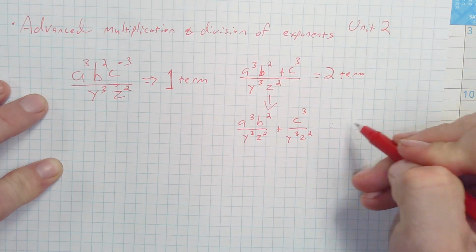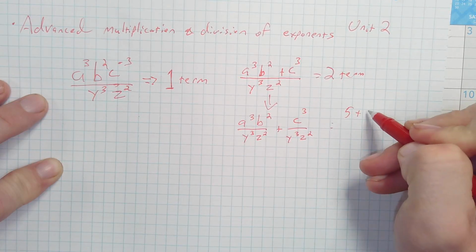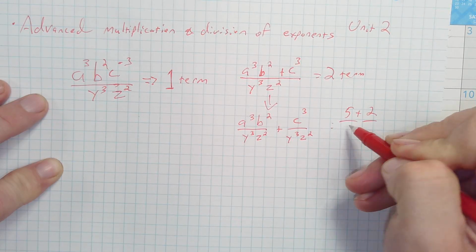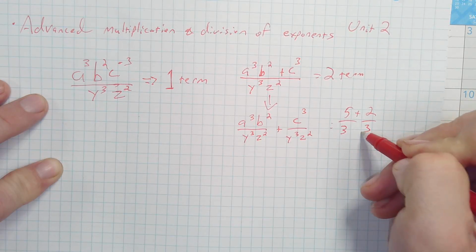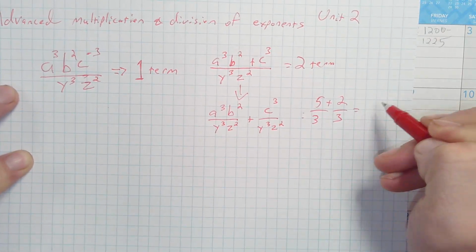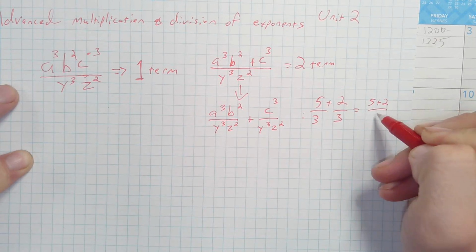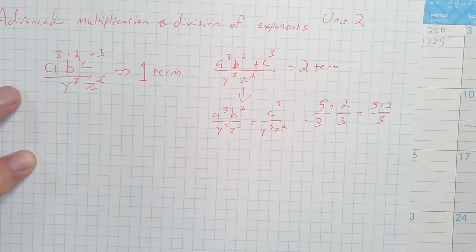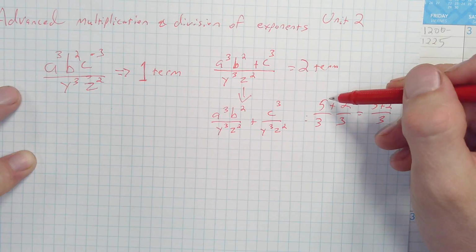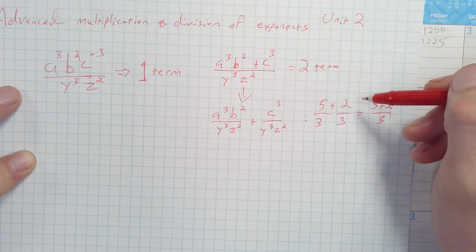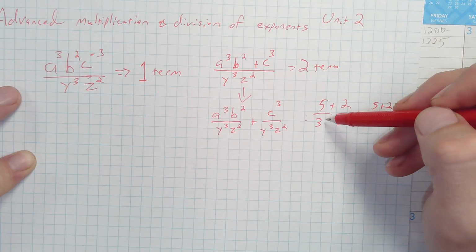Just like you would say 5 plus 2 over 3 is the same as saying 5 plus 2/3, right? It's the same concept. They're like terms over the same thing.